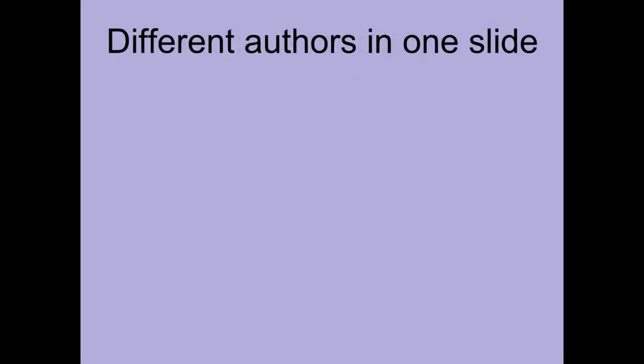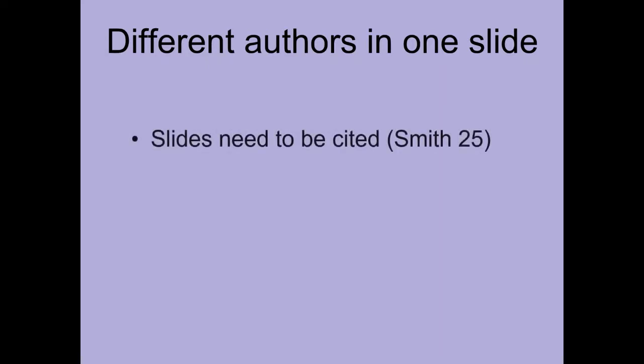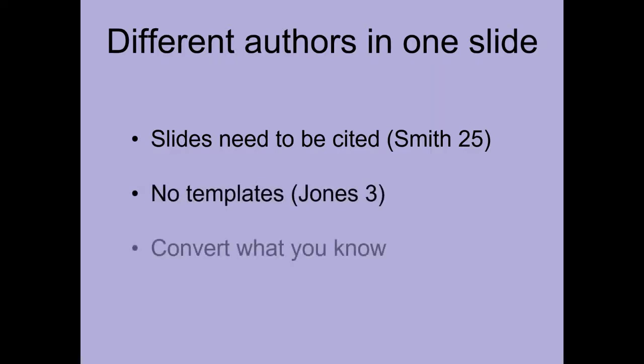If you are citing more than one author or source on a slide, I suggest citing at the end of each particular bullet point. So in this case, you have one source that's connected to the first bullet point and then a second source that's connected to the second bullet point. Now, one thing to note is that my examples previously are in MLA format, which includes the author's last name and the page number when available.